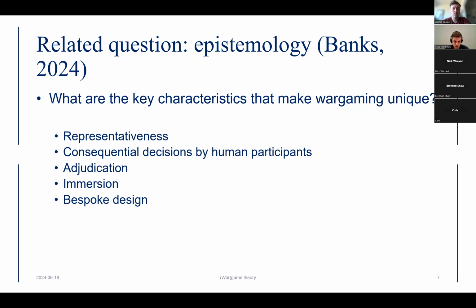Third, it includes adjudication, whether rigid adjudication from the rules, where rules set everything, or free-form games where adjudication is based solely on the discretion of the white cell, for example. Fourth, that it is immersive, and fifth, that it's bespoke in design, with a specific target in mind. So Dr. Banks mentions these are key characteristics in the ways that wargames differ from other ways to create knowledge. And this relates a lot to what we will also discuss today.